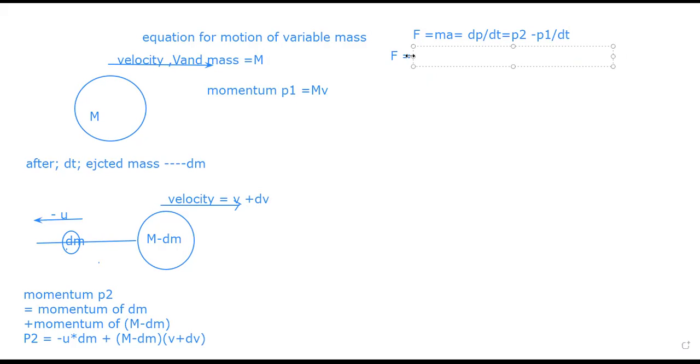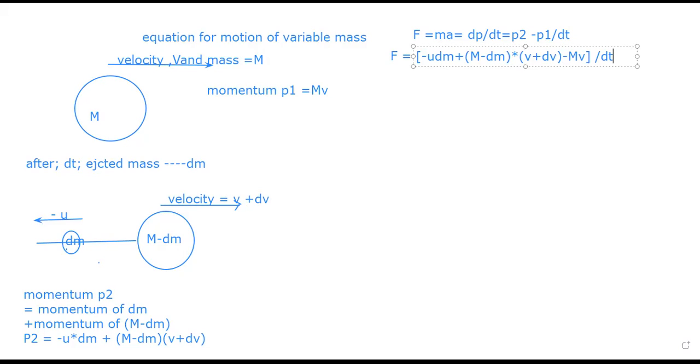This is minus u dm plus m minus dm multiplied by v plus dv, and minus the initial momentum mv. So the total term is divided by dt. Yeah, so we divide the total term by dt.